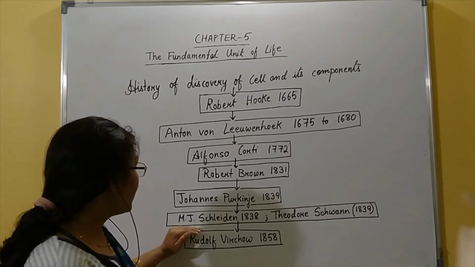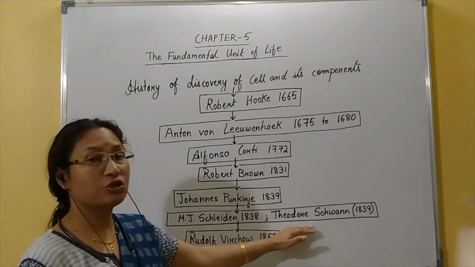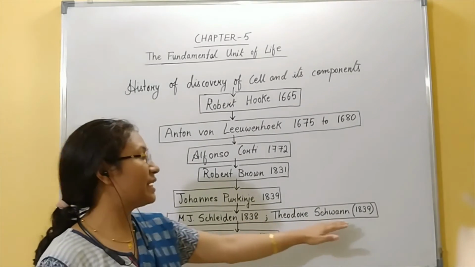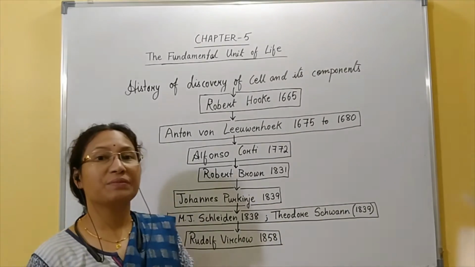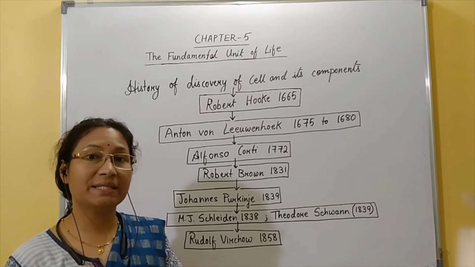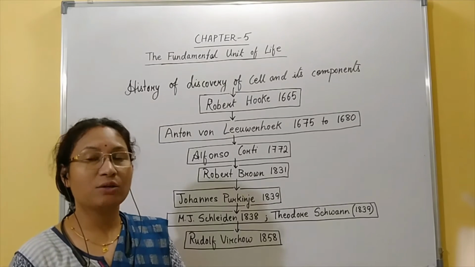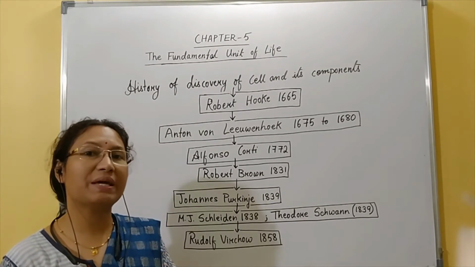After that, it was M.J. Schleiden and Theodor Schwann in 1838 and 1839 respectively. They said that all the living organisms, they are made of cell, and all the cells, they have the same basic design.